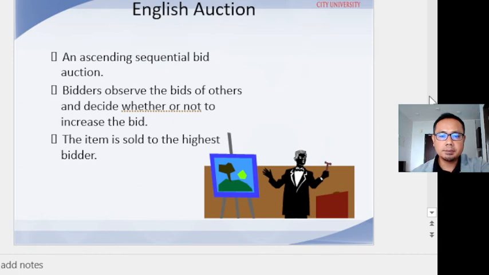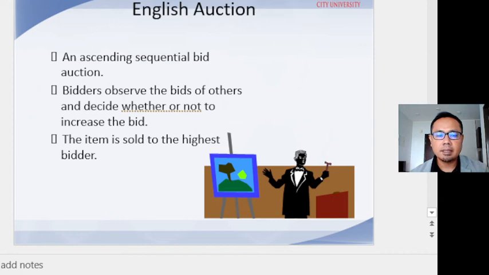See English auction, that's normally an ascending sequential bid auction, and some bidders observe the bids of others and decide whether or not to increase the bid, so the item is sold to the highest bidder. You can see a lot of auction programs on television using this kind of auction, for those who offer the higher price.